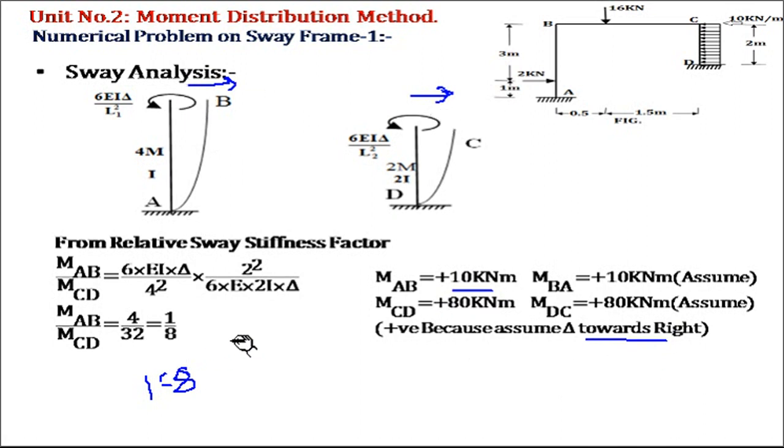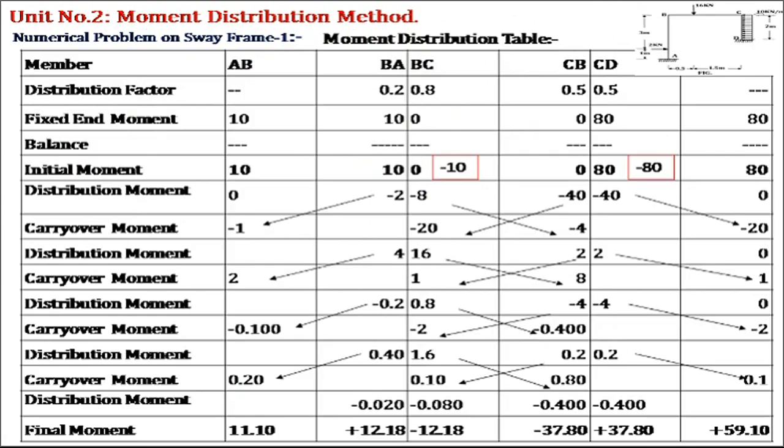Now you have to take the moments in proportion 1:8. If you take the moment in member AB as 10, the same will be the moment in member BA, both with the plus sign. The moment in member CD will be 10 multiplied by 8, so it will be 80, in the ratio of 1:8. The moment in member DC will also be 80. All the values are plus because the sway towards the right is positive.